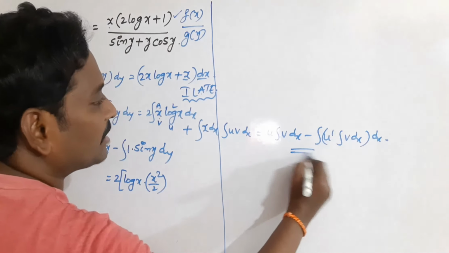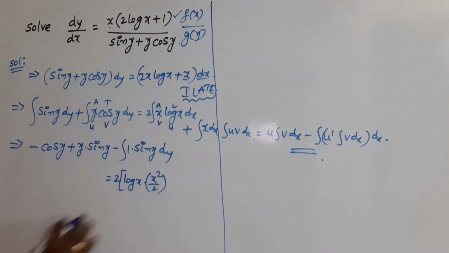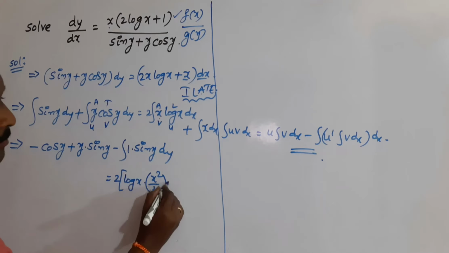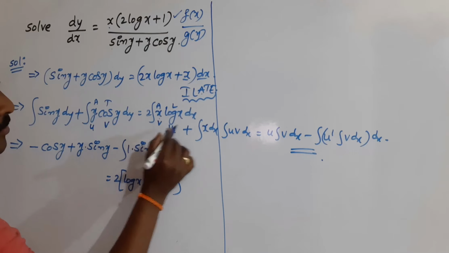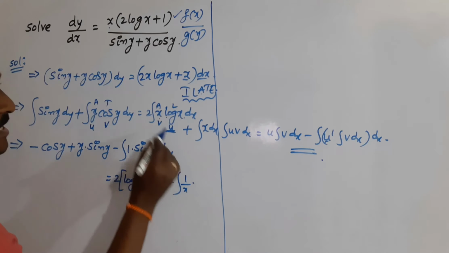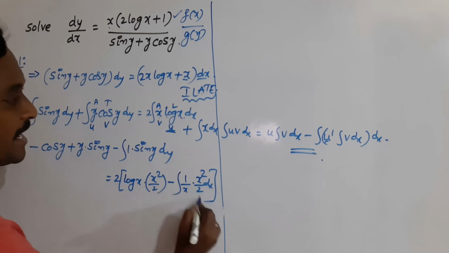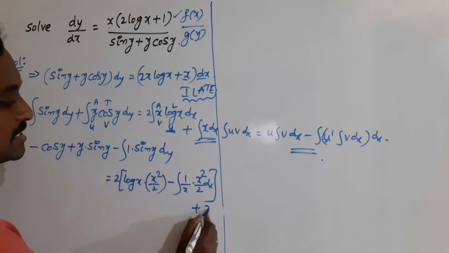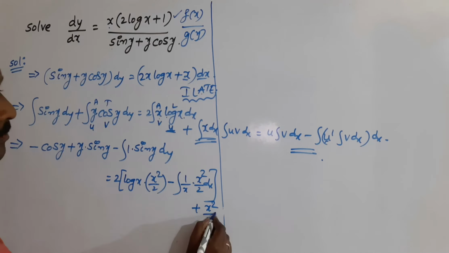This is the basic formula of the uv rule. According to this rule, I am writing this integration minus integration of the derivative of the first function u. Derivative of log x is 1 by x. Again integration of v, which is x square by 2 into dx. Close the bracket. Again we have another term which is x square by 2. Integration of x is simply x square by 2 plus c.